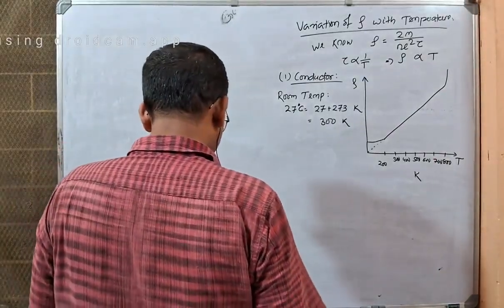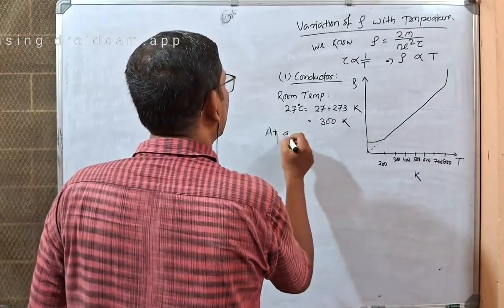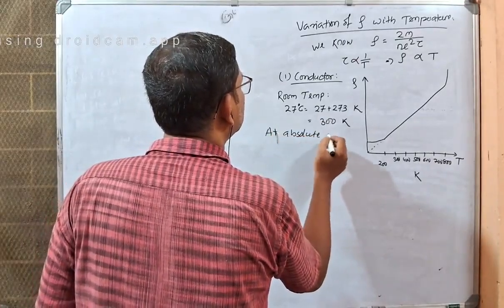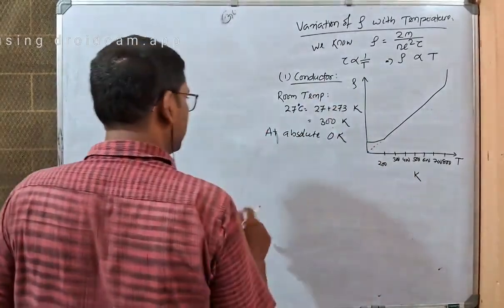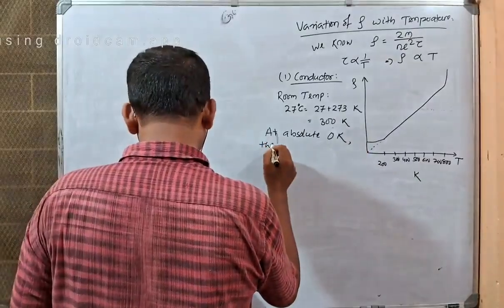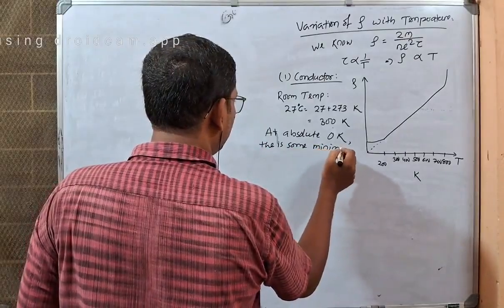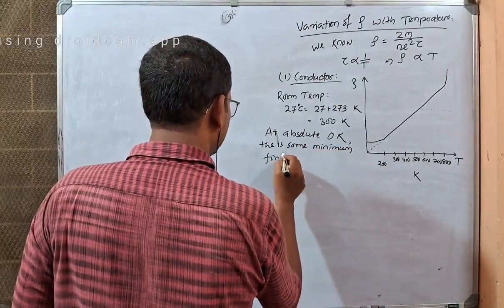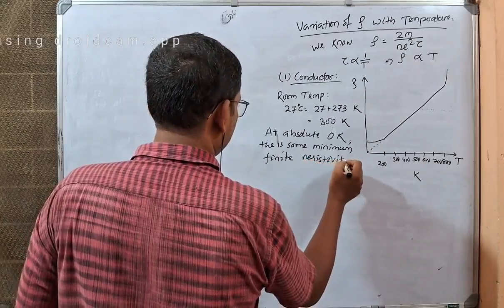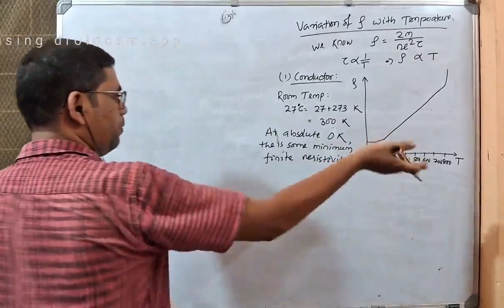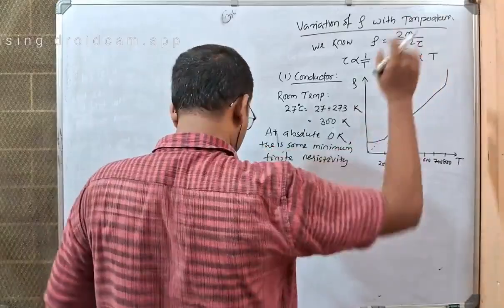So at absolute zero, 0 Kelvin, there is some residual, some minimum finite resistivity. This finite resistivity may vary from conductor to conductor. That's okay, but it somehow shows the relation like this.